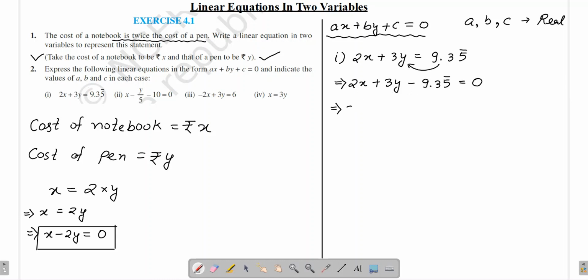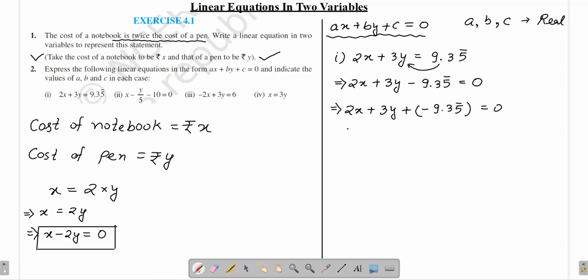Just to make it clear how to get the values of x, a, b and c, I am writing it as 2x plus 3y minus 9.35 bar is equals to 0. We know that plus into minus gives you minus, meaning positive into negative gives you a negative value only.